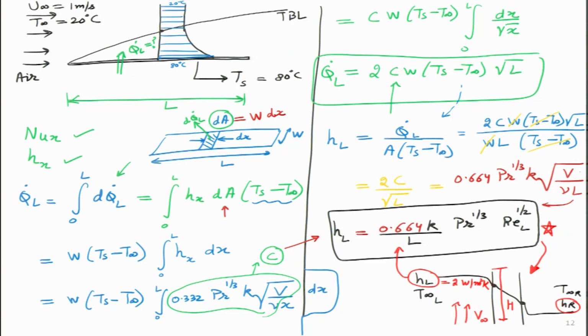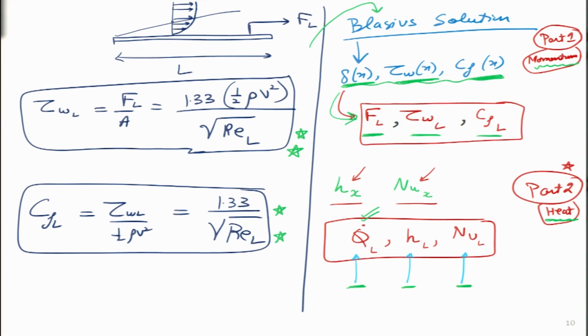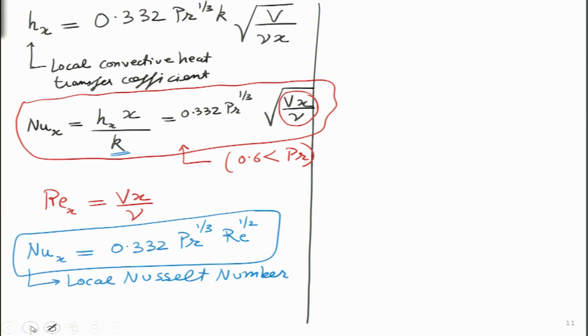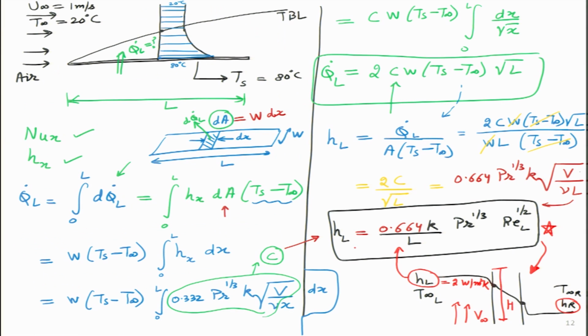And the final, so I will go back and put a tick here, because we have figured out the value of HL also. The only thing which is remaining is Nusselt L, NuL. And all I can do is simply divide this whole expression, because Nusselt L is what? It is HL divided by K. And we can see that K by L is appearing here, which means it will just get cancelled out.